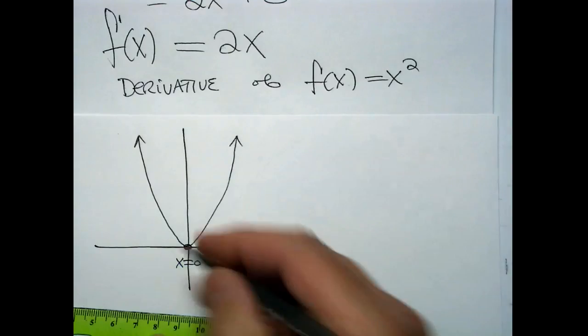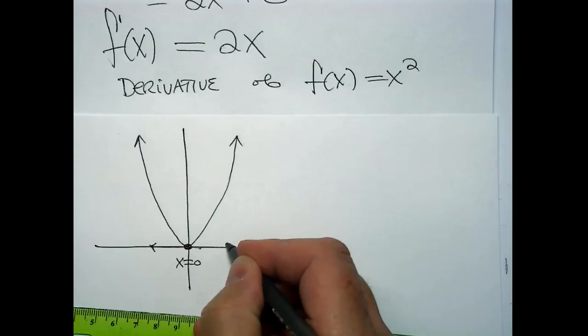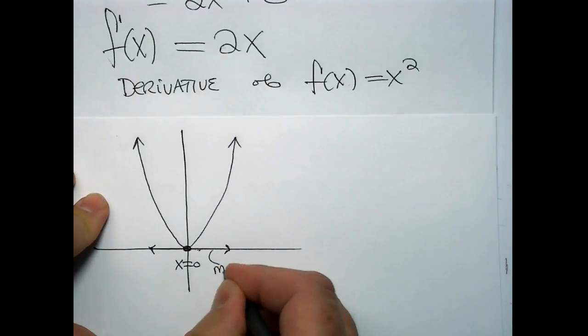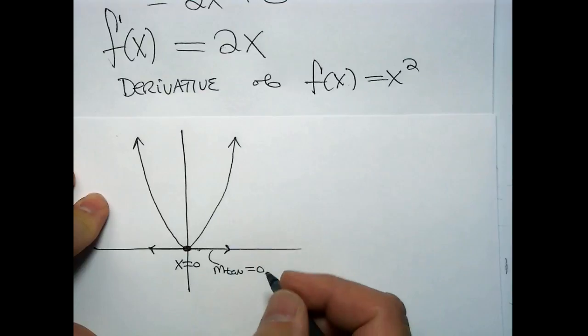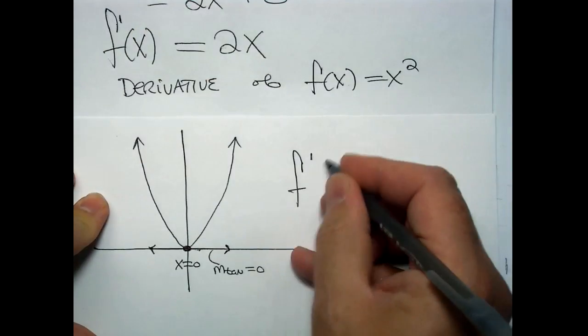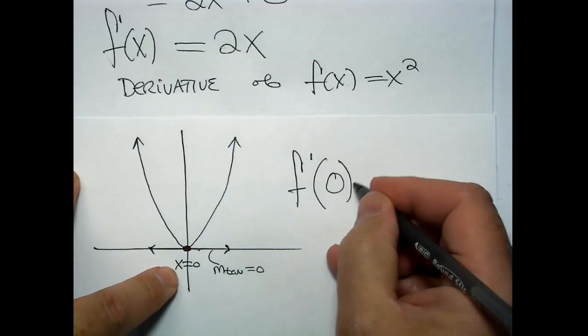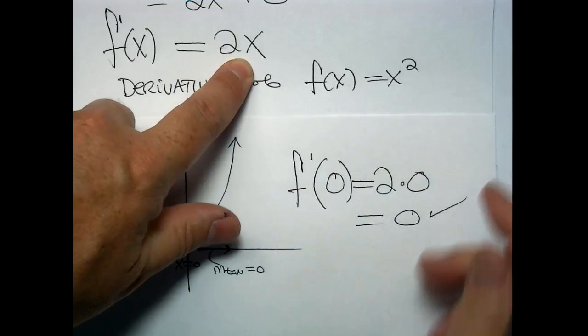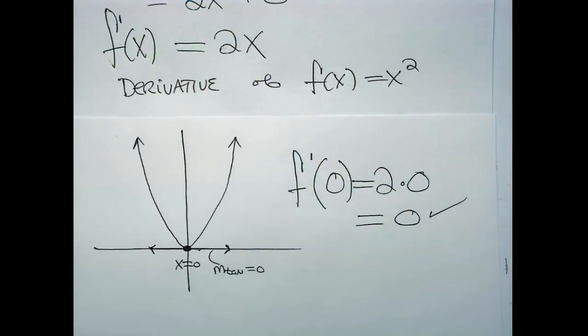There's my tangent line bolded up. And at x equals 0, pretty clear by looking at this graph that the tangent slope should be 0. That's the job of the derivative. Simply tell the derivative where you are, and it should tell you the slope of the tangent line. And that's certainly a match.